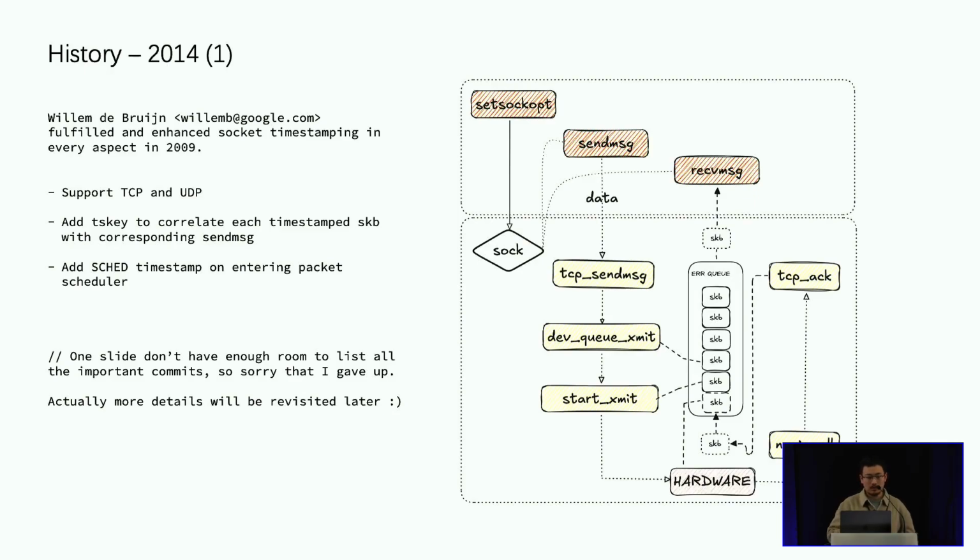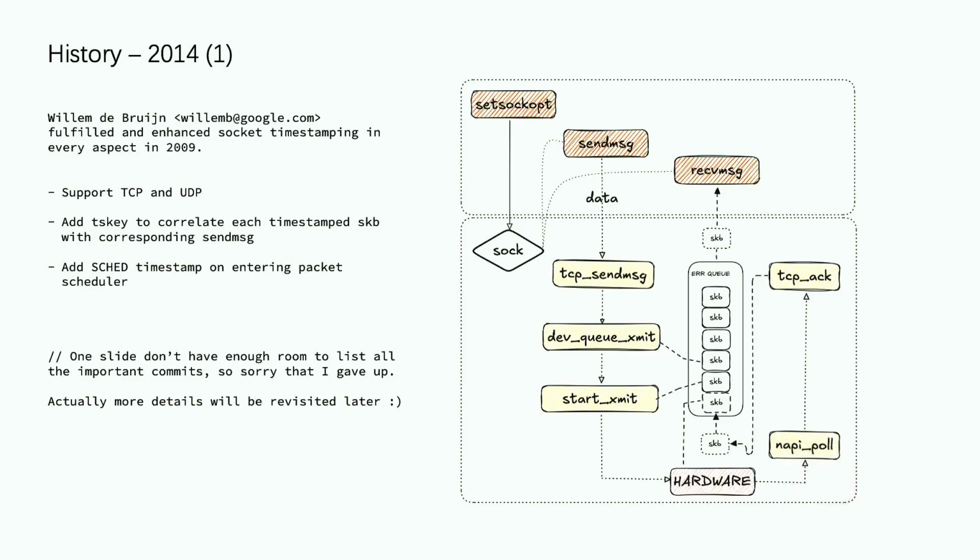Let's go into more detail about socket timestamping. In 2014, William completed and enhanced the whole feature for TCP and for UDP. And we can see this figure is much more complicated than before. We have more hook points like dev_queue_xmit. It records the timestamp when the SKB is going to be enqueued into the qdisc.